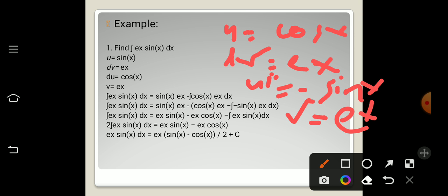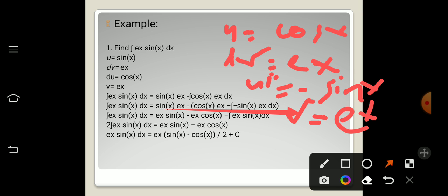Plug these new variables into the formula again. So we have e^x sine x minus, cos x e^x minus the integral of negative sine x e^x dx.